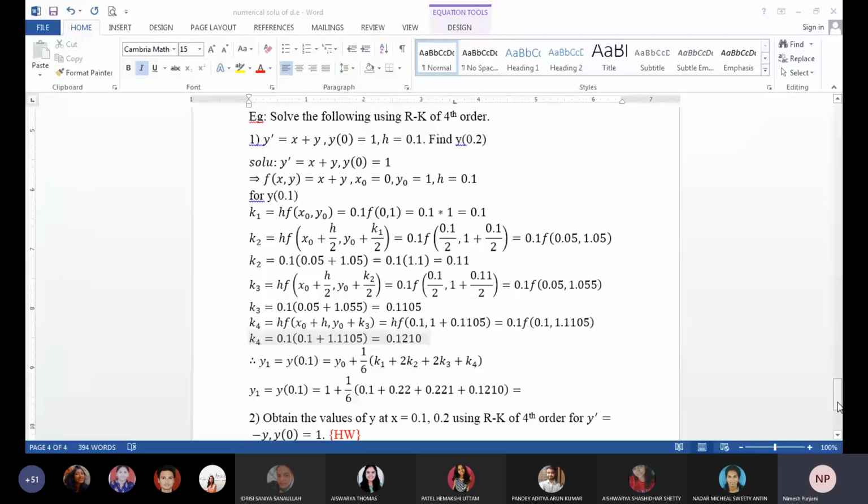So what is the value for y of 0.1? 1.1103.